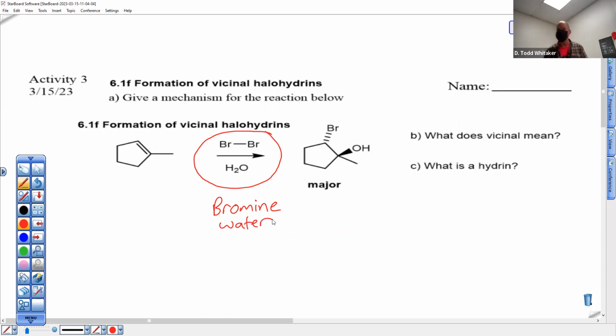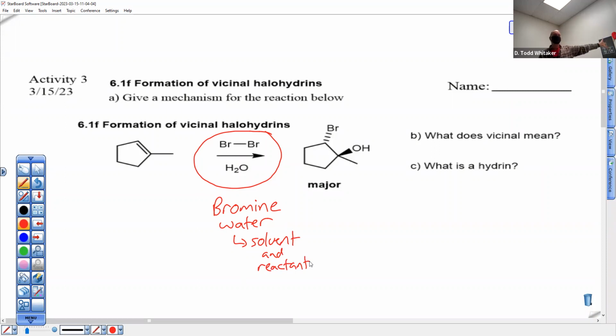Water's the solvent, water's a reactant. Water is both solvent and reactant.